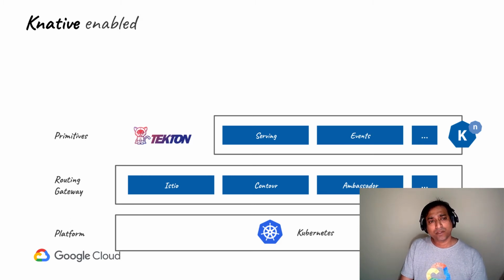Anything to do with building the container image from the source code, pushing it into a Docker registry, and then pulling it from there into a Kubernetes cluster, and the entire pipelining to do this, is the concern that Tekton works on. That's the reason it is now separated out of Knative. The core components still remain serving and eventing.